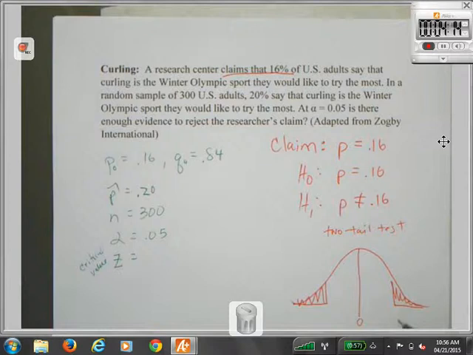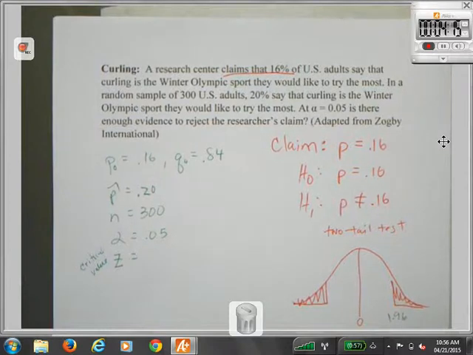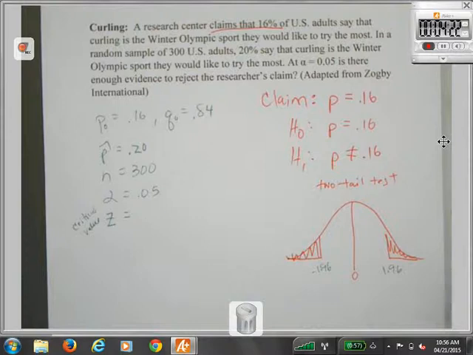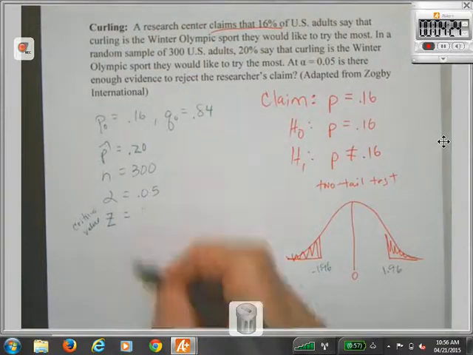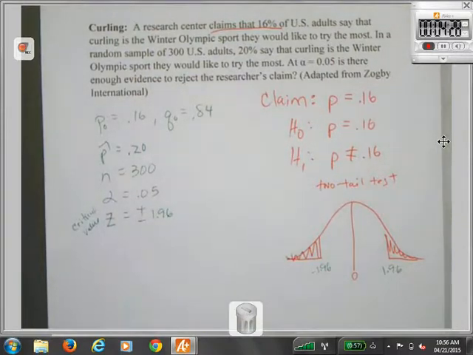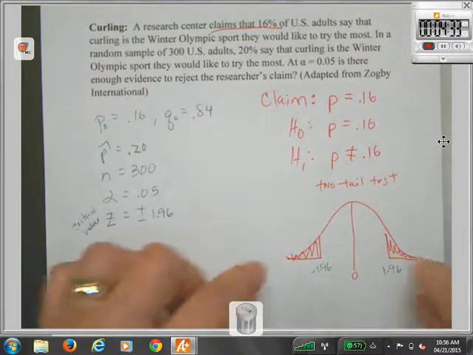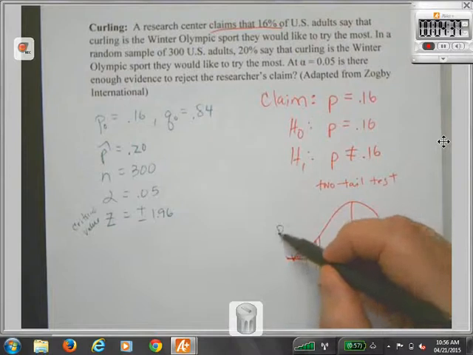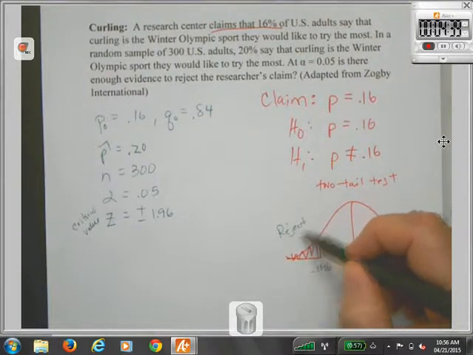That 1.96 goes on both sides. One is positive, the other is negative. Negative to the left of 0, positive to the right of 0. So plus and minus 1.96 are the critical values. So this gives us the reject regions, and in this case, there's two of them.